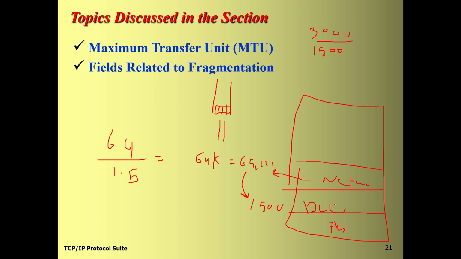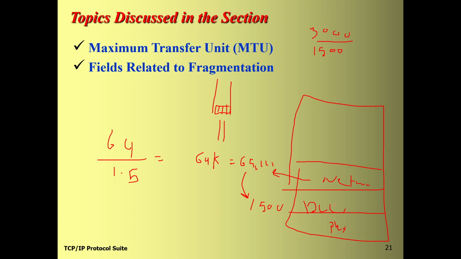One of the fields defined in the format is the maximum size of the data field. In other words, when a datagram is encapsulated in a frame, the total size of the datagram must be less than the maximum size.